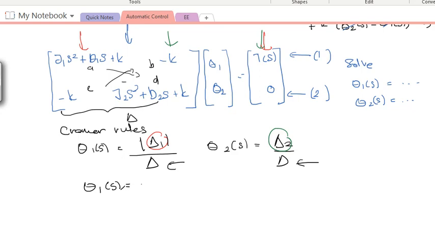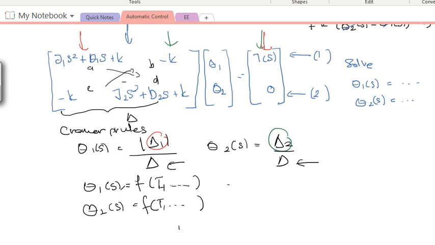At the end you have theta 1s equals something in function of all the coefficients that you have inside, and you have theta 2s as well as something in terms of all the parameters inside the coefficients. And somewhere you have Ts inside here.